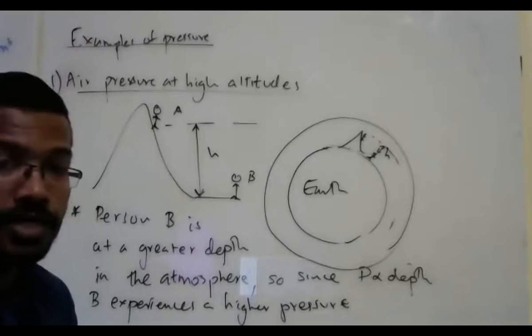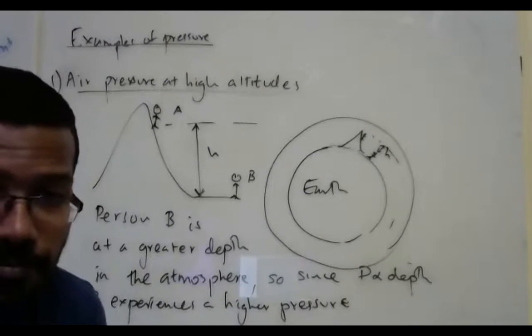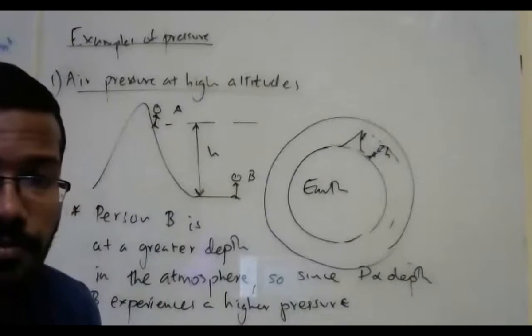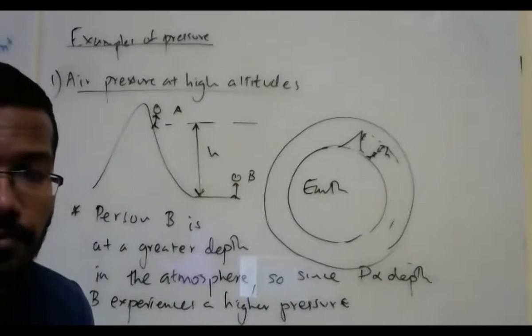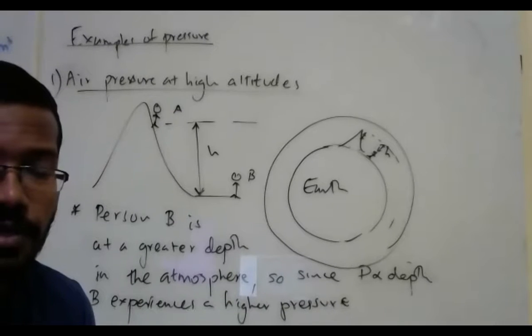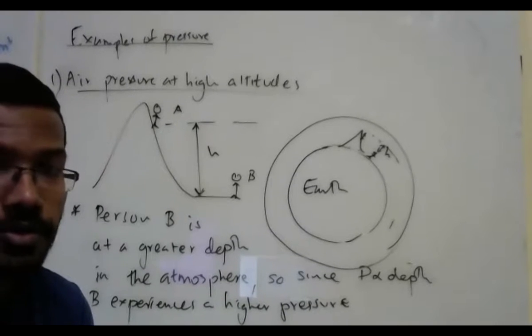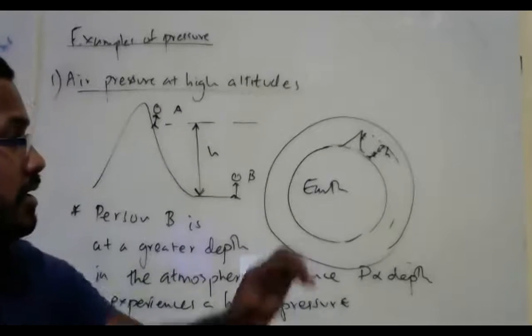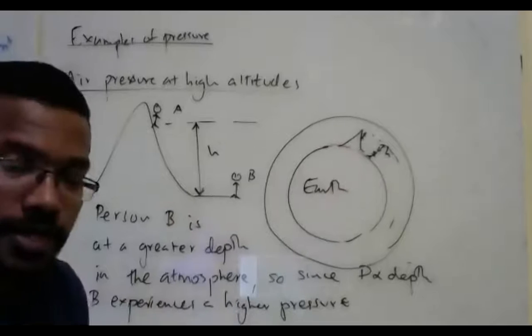Anyway, Oneli? So a baby would experience a lot more pressure than an adult because their surface area would be less. No, it's not like that. At a certain depth, the pressure is the same.